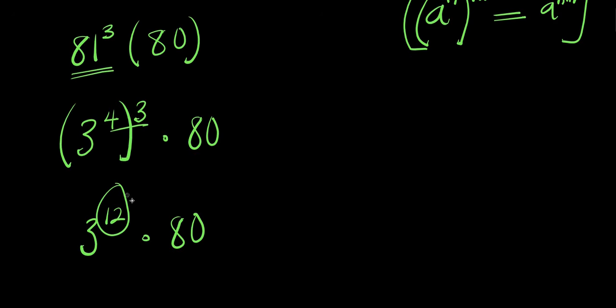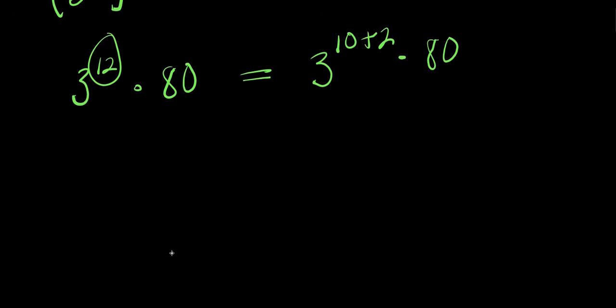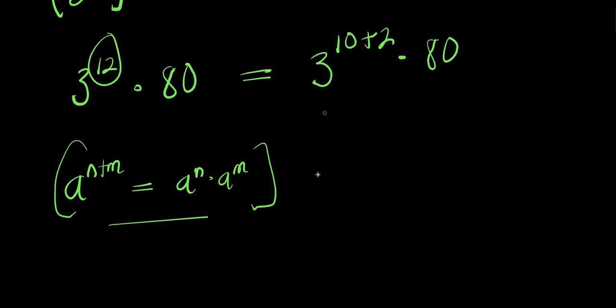And we can express this as summation of 10 and 2. So this is 3 to the power of 10 plus 2 times 80. And we can apply this identity, a power n plus m equals a power n times a to the power of m. We apply this right here.